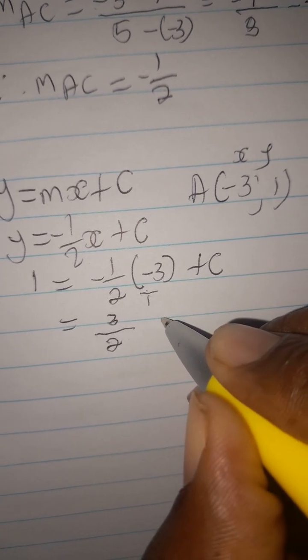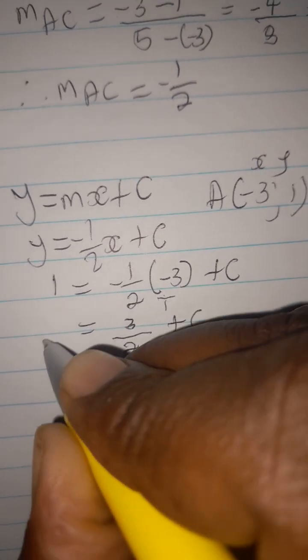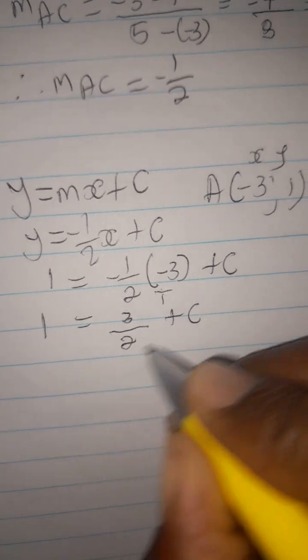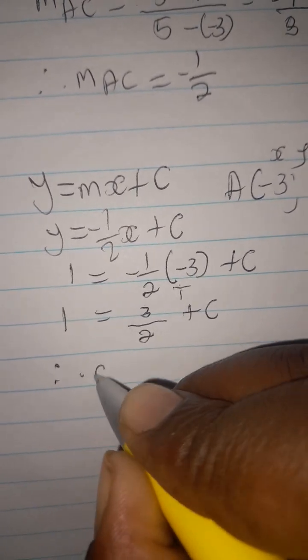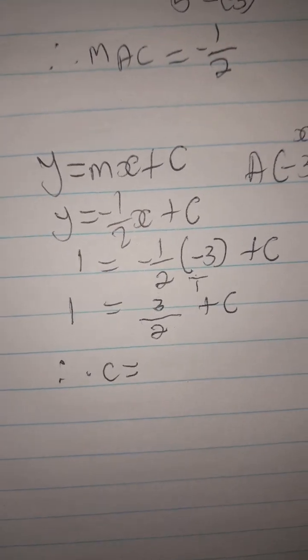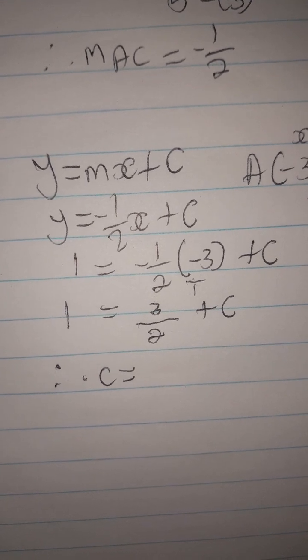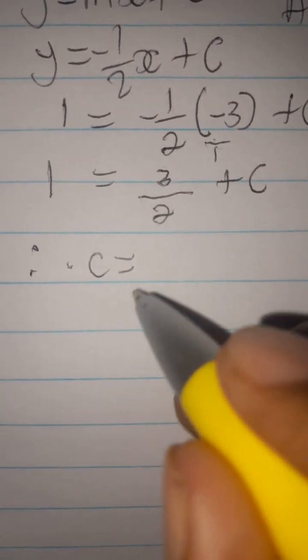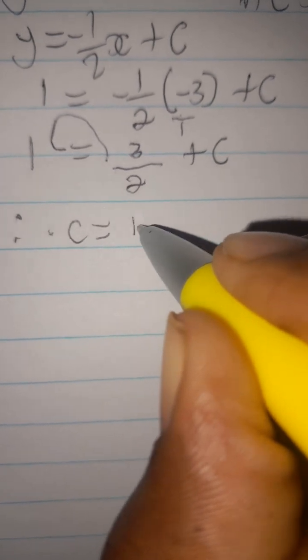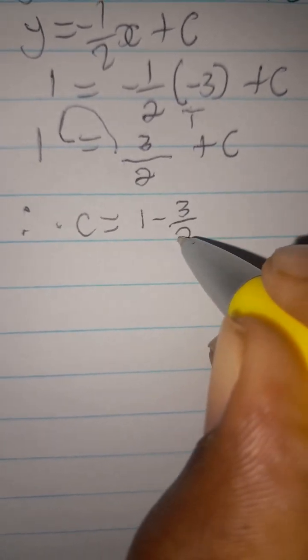So we have 3 all over 2 plus c, which is 1. So let's make c the subject of the formula. 1 minus 3 all over 2, what is that? All right, guys, I hope you're doing it correctly. So let's take 3 over 2 to the other side. So that will be 1 minus 3 all over 2.